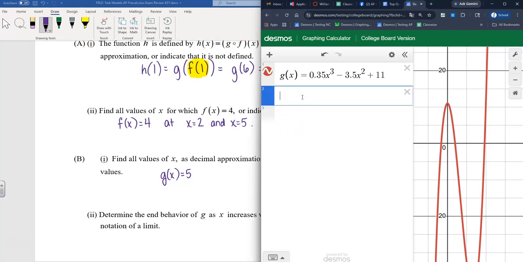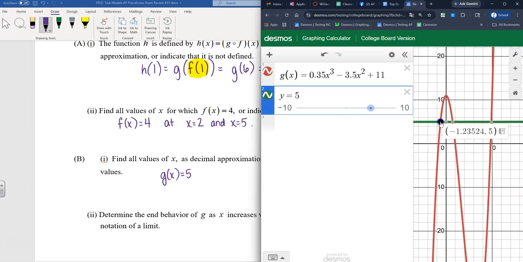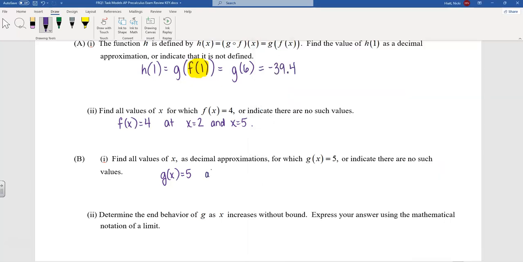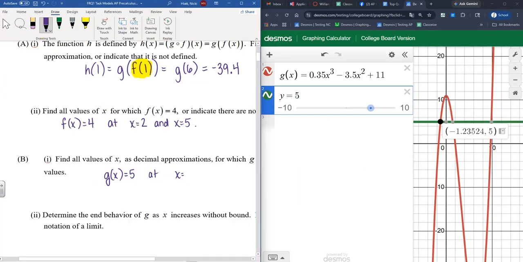You could really type in g of x equals 5, but if you type in y equals 5, it is going to give you a horizontal line right there where your y coordinates are 5, and you have 3 answers to this problem. So you are going to say g of x equals 5 at x equals, and let's actually split screen this so I can see these all at once. We got negative 1.235.